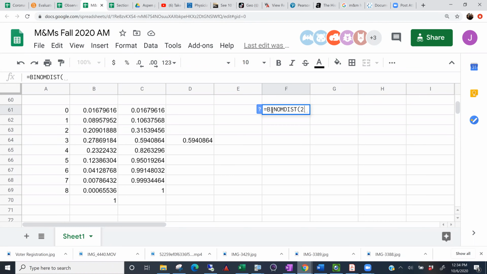Number of successes would be 21 out of 22 possible. Probability of success. Do I have this in the right order? I'll find out in a minute. Probability of success is 0.72, comma, false. Yeah, it looks like it. Got it. So that's the first one. Binomial distribution, 21, comma, 22, 0.72, and false.